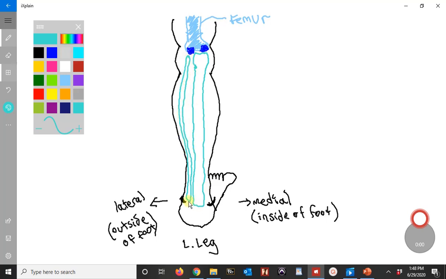And then those two bones, the fibula and the tibia, sit on top of the talus, one of your foot bones, and then that talus sits on your heel bone, which is the calcaneus. And I'll color this in so you can tell where I'm talking about. So this is the calcaneus, that's the heel of your foot in the back.